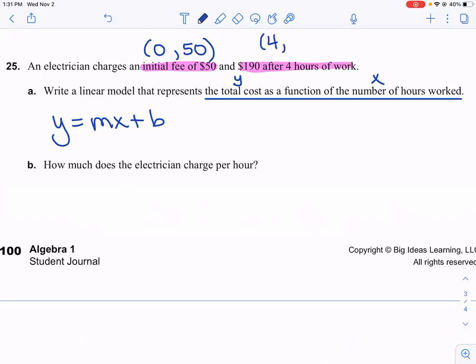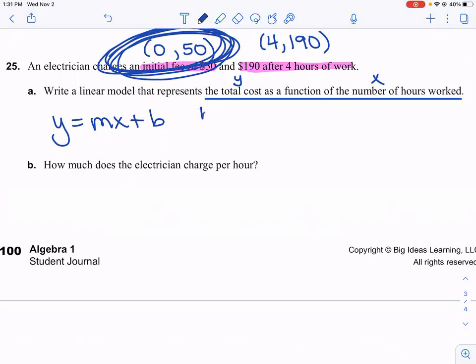And 4 hours for 190. Do we know our y-intercept? Our y-intercept is right here. Our y-intercept is 50, so we know that b is 50.